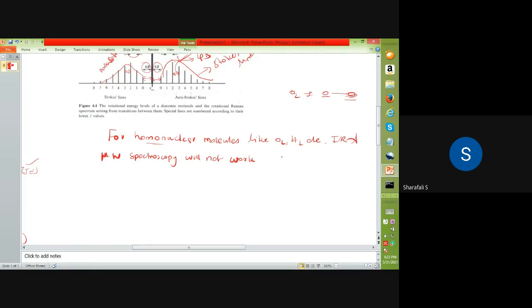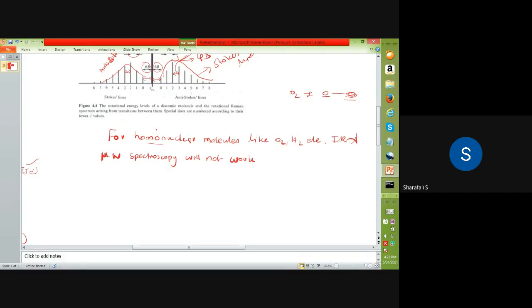Why will this not be active in IR or microwave? Because they do not have any kind of dipole moment, and we need a dipole moment for both microwave and IR.